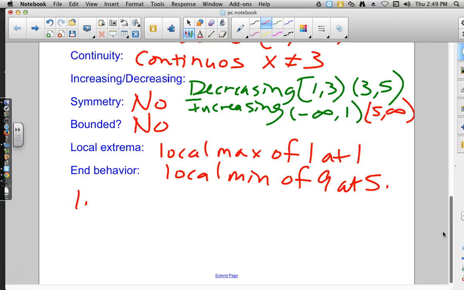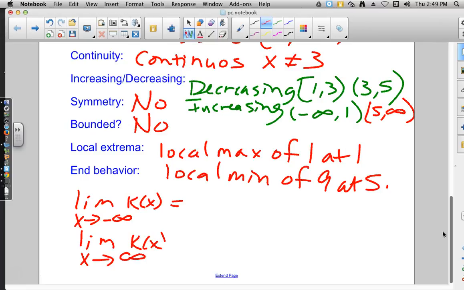And then finally our end behavior, the limit as x approaches negative infinity, and this one was called k of x, and the limit as x approaches positive infinity, and that again is of k of x. So if we go back and we look at the graph and we consider as we go to the left forever what's going down, let me bring that graph back here.